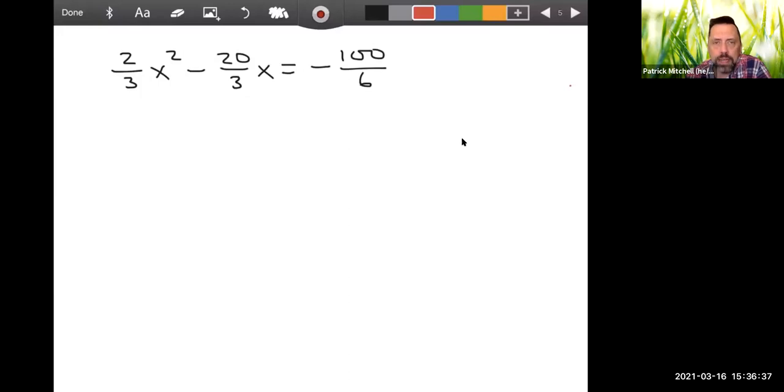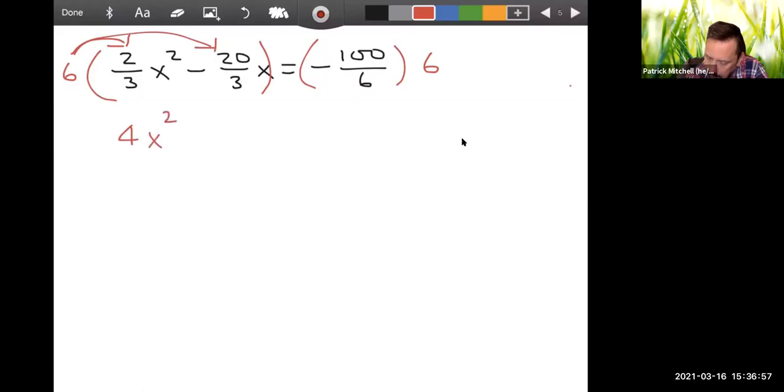What would the LCD be for this equation? It would be 6. So let's multiply this thing through by 6. 6 times 2/3 is 4. 6 times 20/3 is 40. And then 6 times negative 100/6 is negative 100.